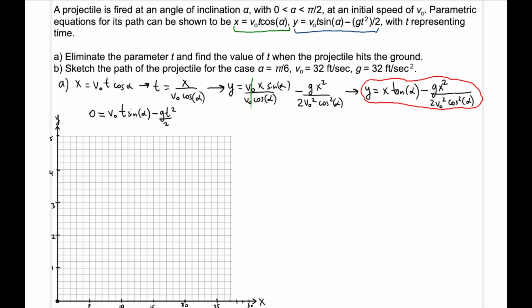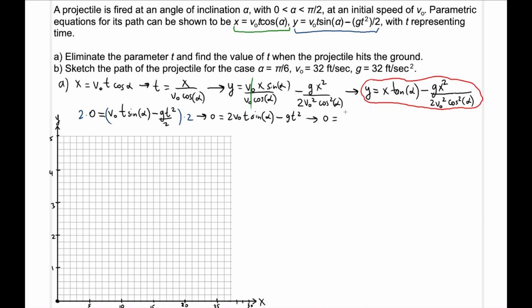So we multiply both sides by 2. The 0 stays on the left side, and we have 2v₀t sin alpha − gt².